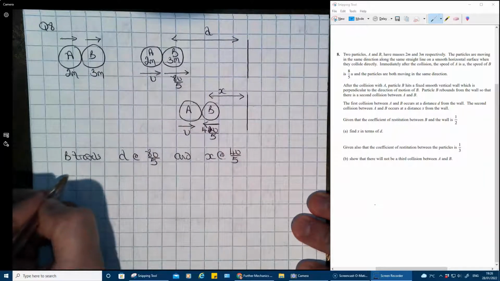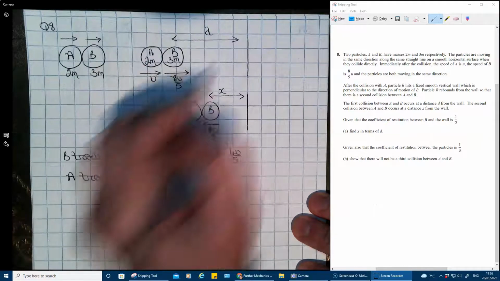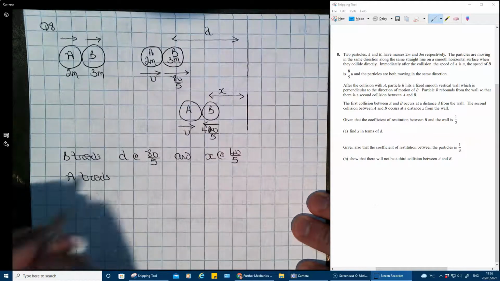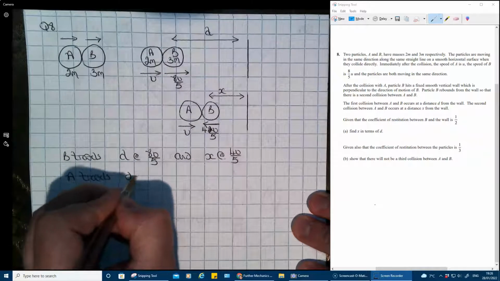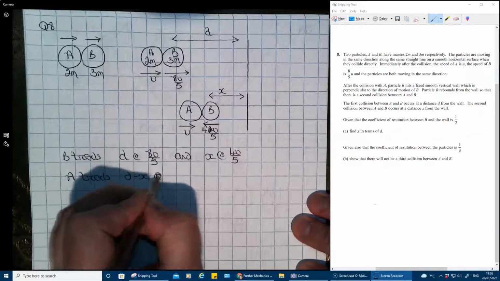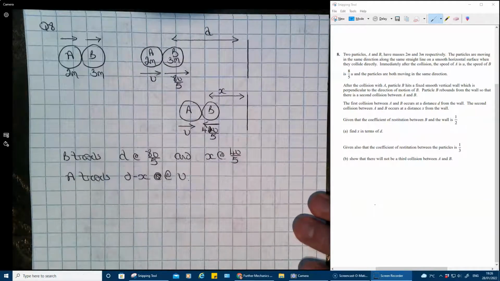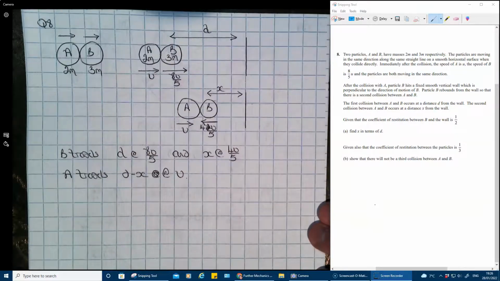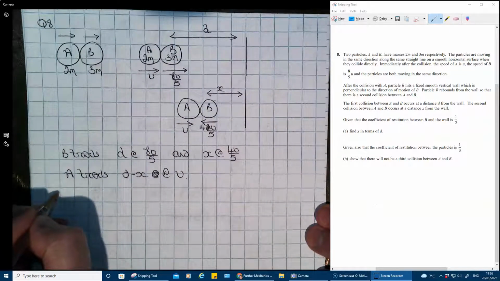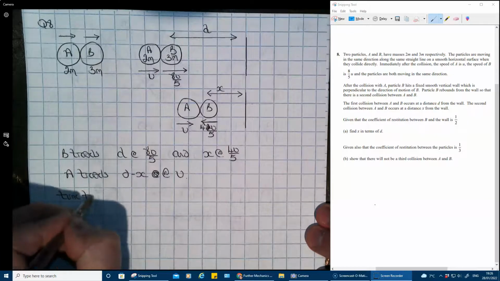Meanwhile, A travels a distance of d minus x at a velocity of u. Now we know they both travel for the same amount of time, so we can look at the time. So times are equal.